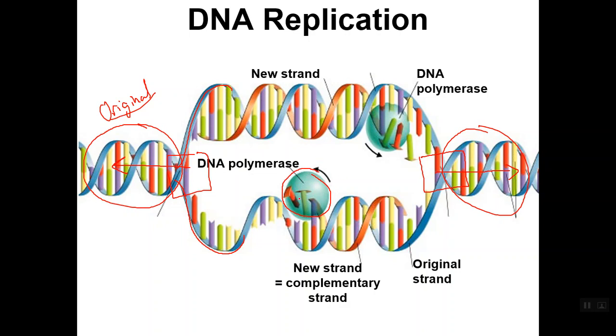It's attaching nucleotides, making the complementary strand. So here's this new complementary strand right here that's being synthesized, or being made, by the DNA polymerase, right? We'll talk more about the vocab for this in a different video, but that's the basic gist of how DNA is copied.